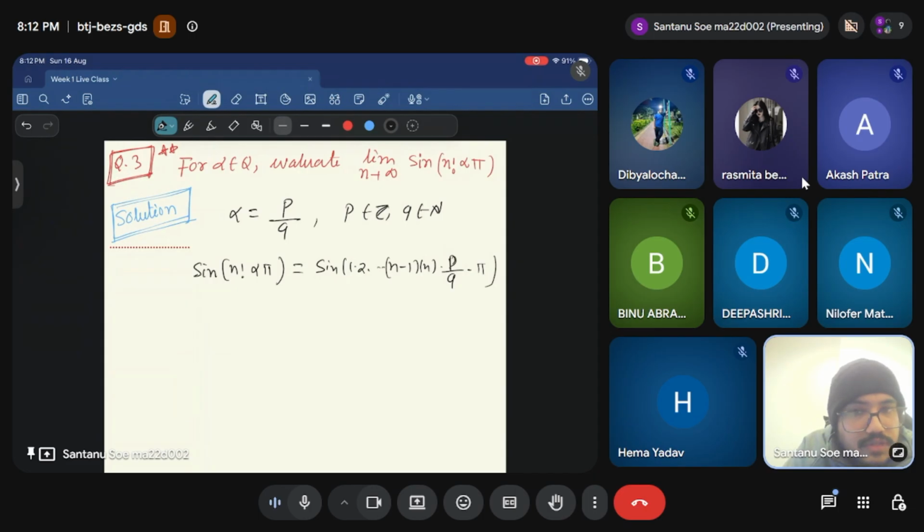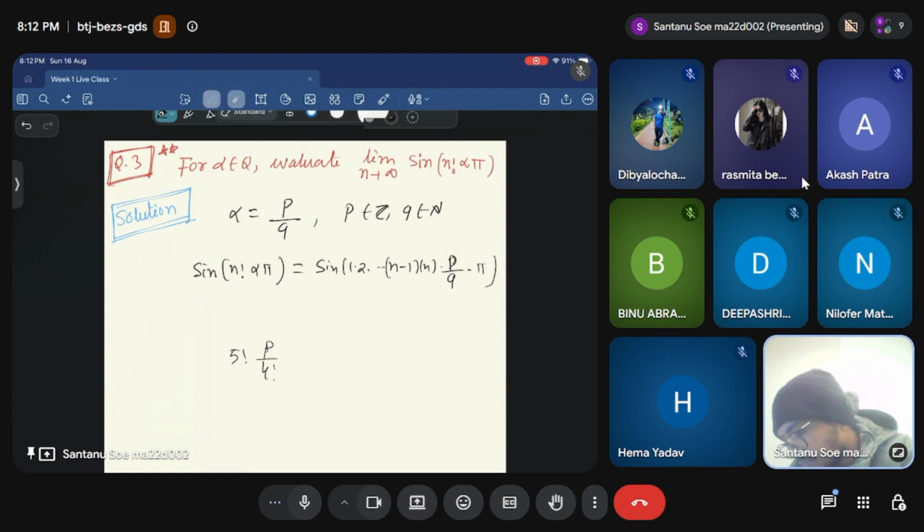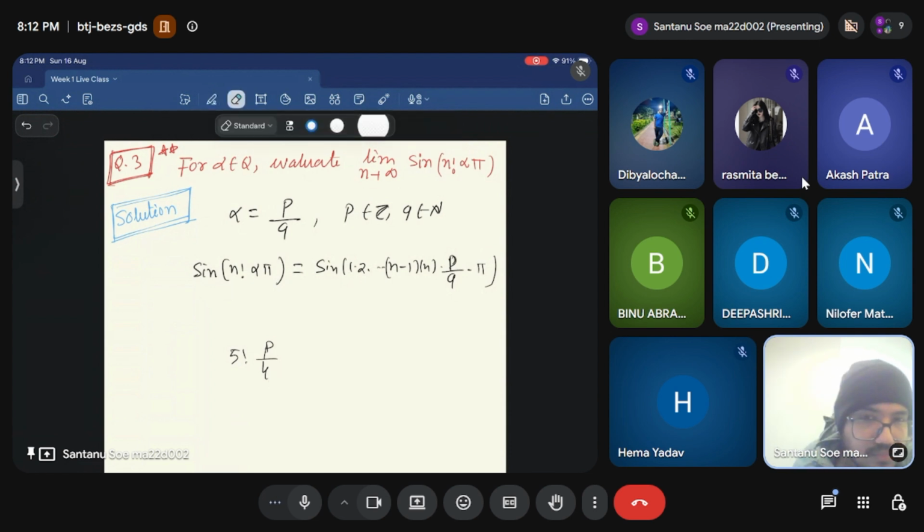Because if there is 5 factorial and there is, let's say, p by 4, then this 4 will get cancelled out. You can take even 4 factorial, 5 factorial, 6 factorial, whatever you say, because 4 will be contained in the 5 factorial, correct?